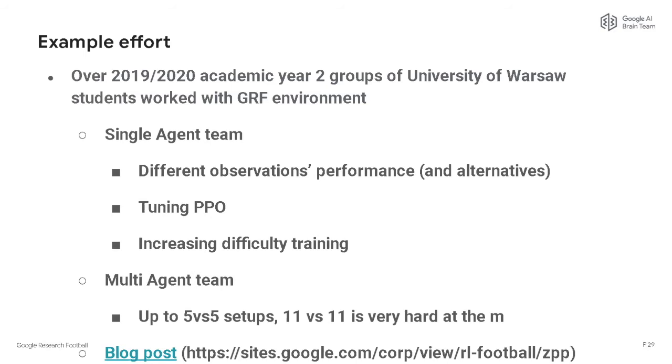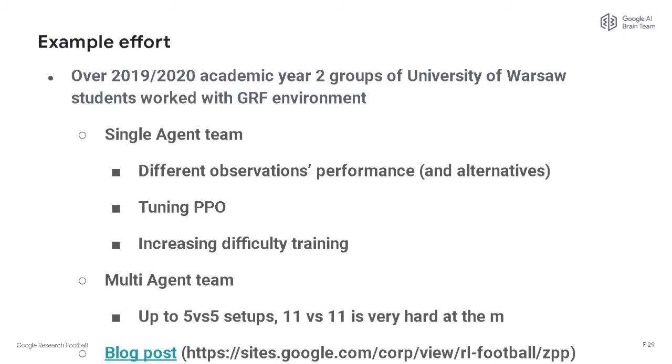they were working on different observations performance, and one of the things they were looking at was to understand why the floats representation is way more complex to solve than the minimap. They also spent time tuning PPO, which is a relatively state-of-the-art algorithm that provides you reasonable sample complexity.